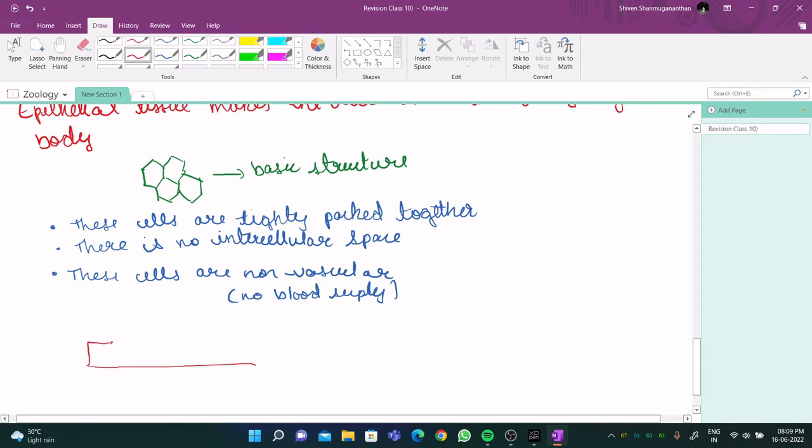So they are in the form of these cubical units, which are next to each other. These individual units are the cell, these are the nucleus, and this is what is called the basement membrane.